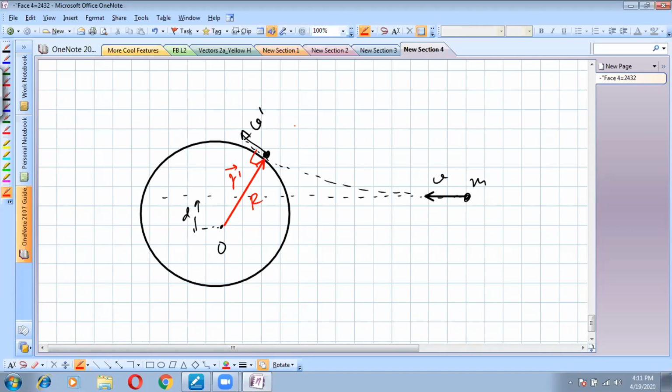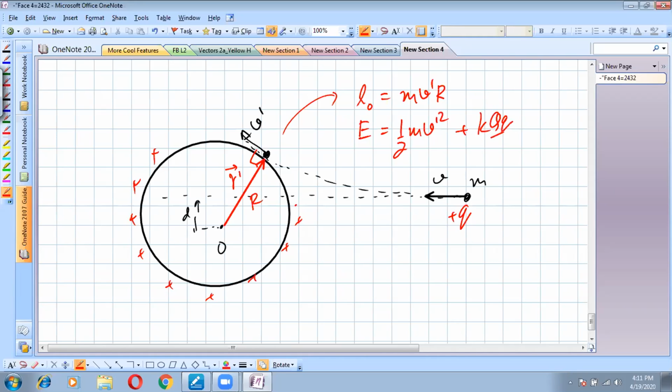So at this point, what is the angular momentum with respect to the origin? It is mv prime r. And what is the energy? It is half mv prime square plus k, this one is small q, the charge on this is, let's say, capital Q, divided by capital R.